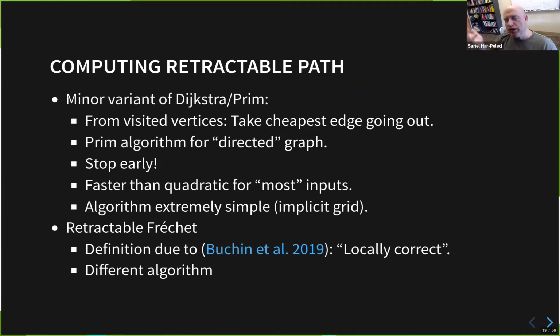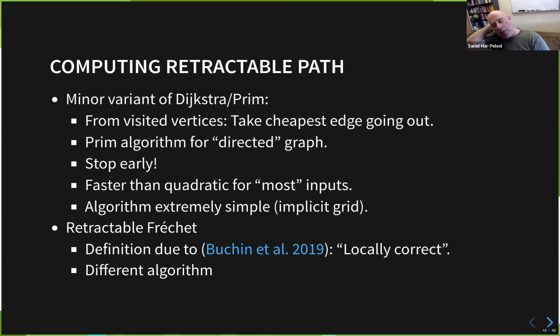Now, it turns out that computing the retractable part can be done by a very minor variant of Dijkstra. So the basic idea is that you have your set of vertices you already visited, and you always pick the shortest edge coming out of those vertices already visited, and you add it to your current set. So it's essentially, you just run Prim's algorithm on this directed graph.